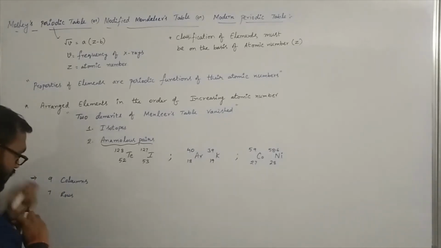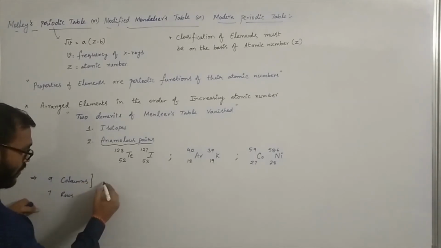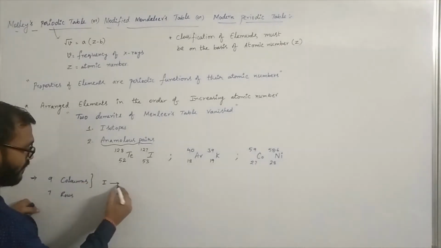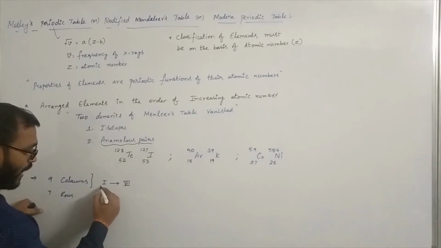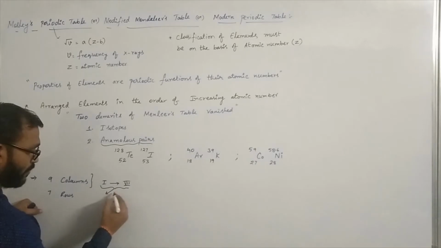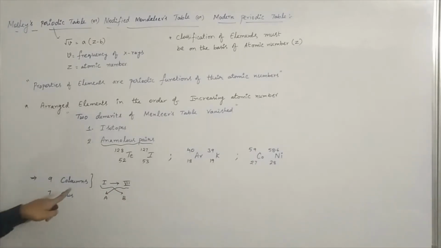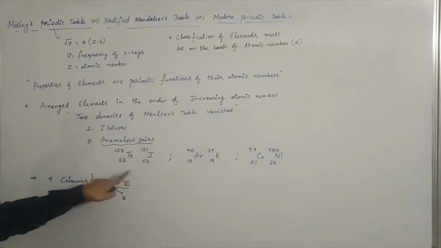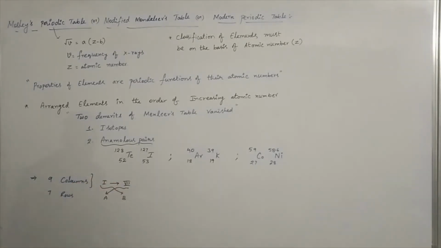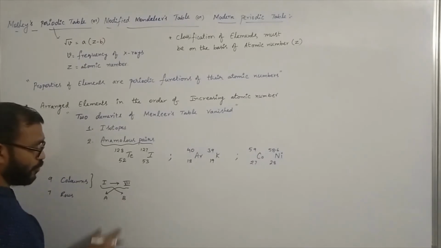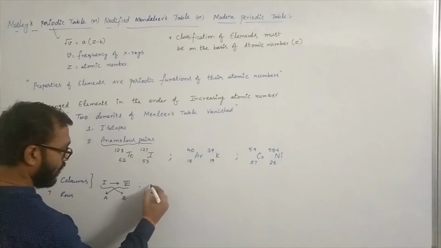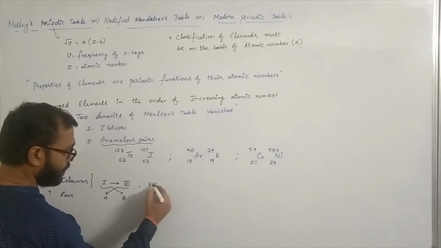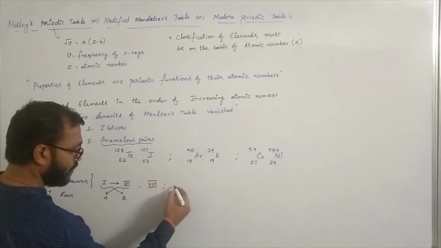In these 9 columns, columns 1 to 7 have subgroups A and B. Then group 8, then the 0 group.